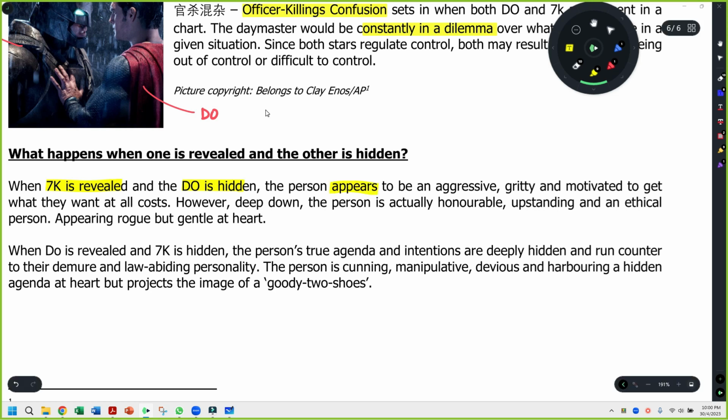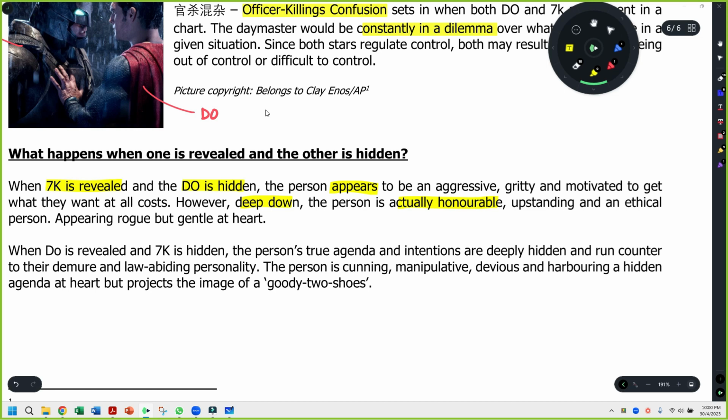So this person appears to be aggressive, gritty, motivated, and they will go out and do whatever their cause is. However, deep down, they are actually good people. So they act rough, act tough, but actually behave well and follow orders very well.